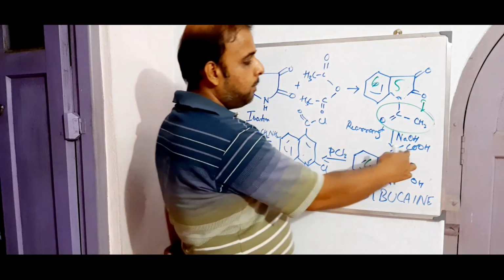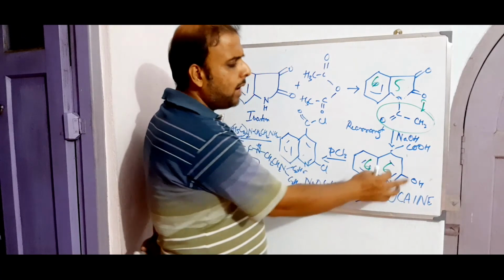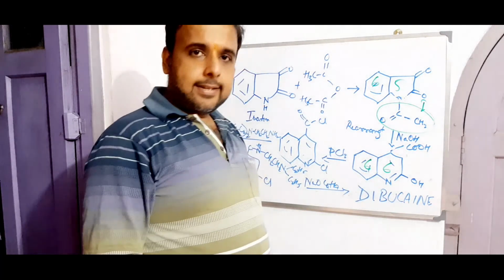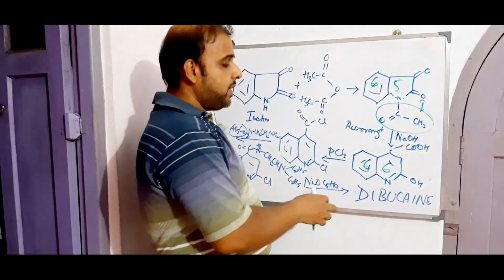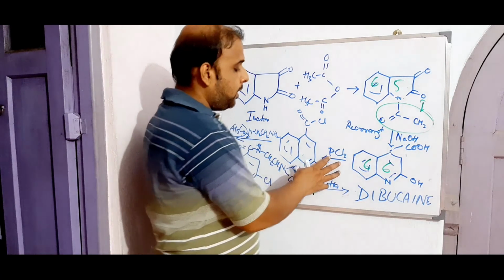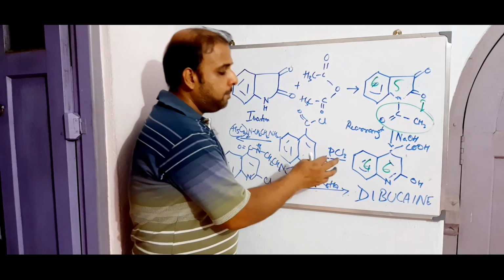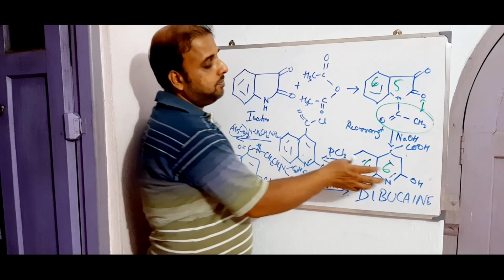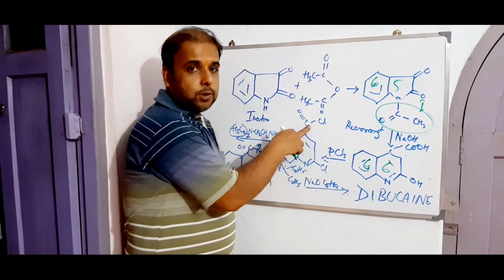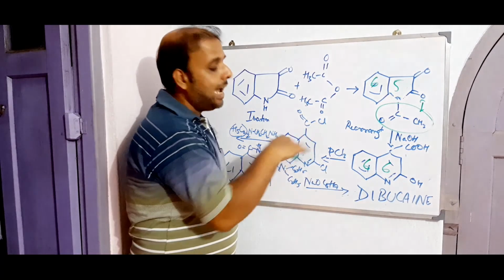So we got here carboxylic acid and here hydroxyl. This is 2-hydroxyquinoline carboxylic acid, which can also be called cinchophenic acid. After that, we react this intermediate with PCl3, so both the second and fourth positions get transformed into halogenated ones.